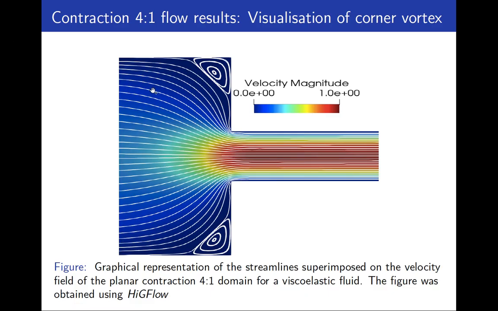And then these white lines are known as streamlines, which are lines that are tangential to the instantaneous velocity direction, which means, for instance, if these streamlines are horizontal, that means that the velocity is mostly in the x direction. So there is mostly movement of the fluid elements in this direction.